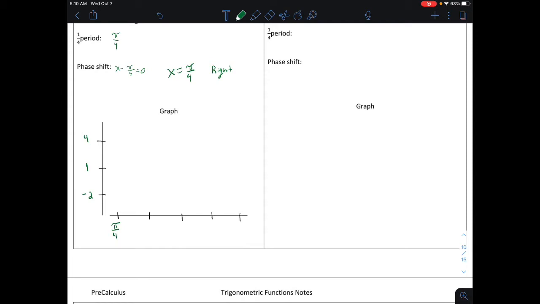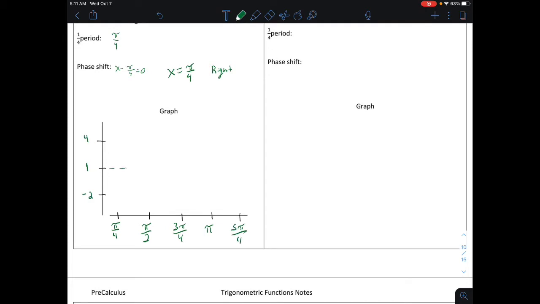And then the number that we're going to add to that every time to get to the next number is a quarter of our period. So we're adding pi over 4 every single time to this number. And so my next number would be pi over 2. Then I'd have 3 pi over 4. Then I'd have pi. Then I'd have 5 pi over 4. So those are the values that go on my horizontal scale.